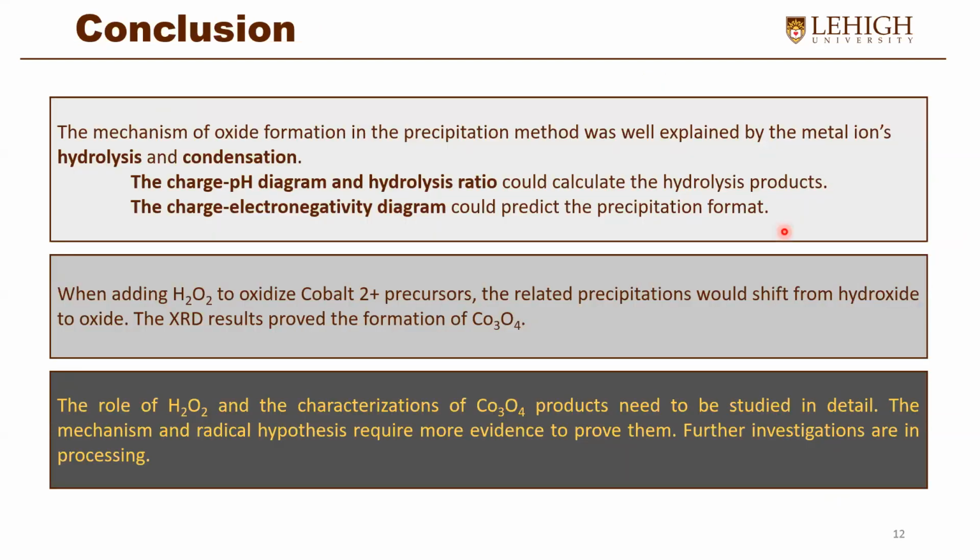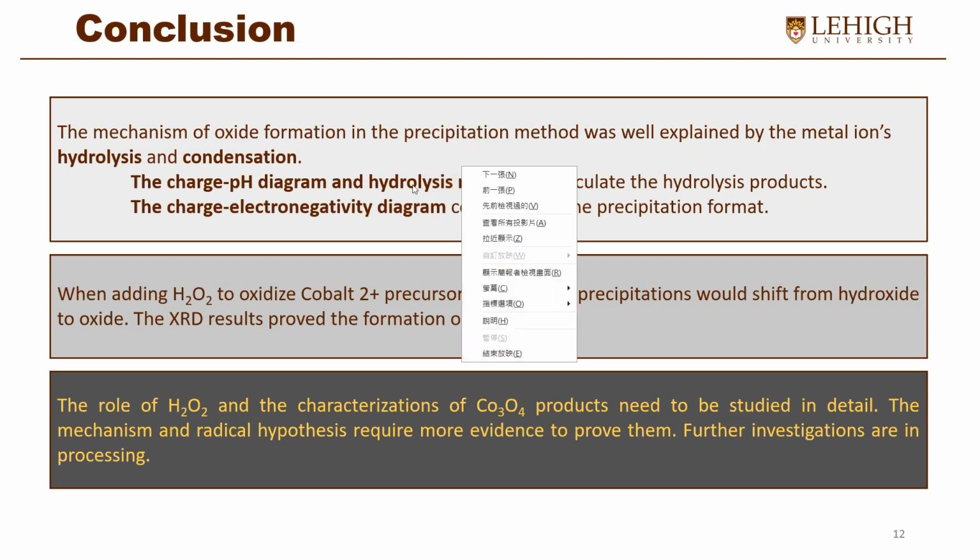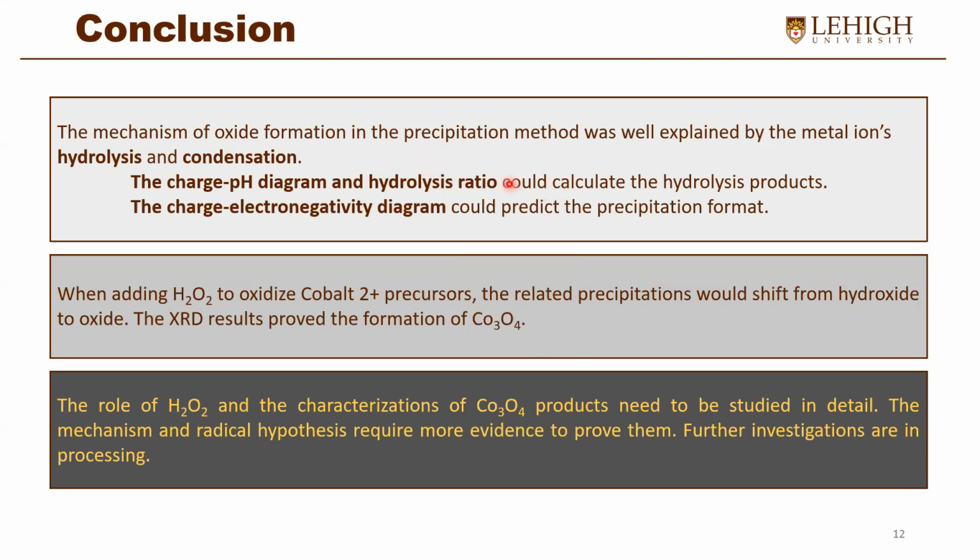So today I introduced the formation of the metal oxide. It generally involves two parts, the hydrolysis and the condensation. The hydrolysis ratio versus pH diagram can tell us the hydrolysis product, and the charge electronegativity diagram can tell us the precipitation form. And for my experiment, we can synthesize the cobalt oxide via the hydrogen peroxide.